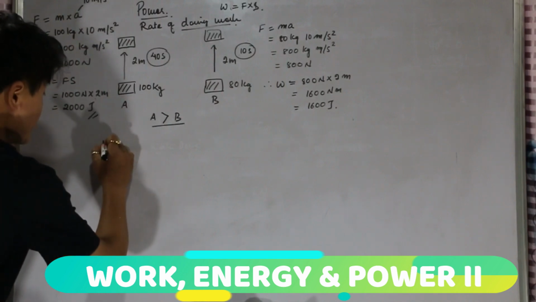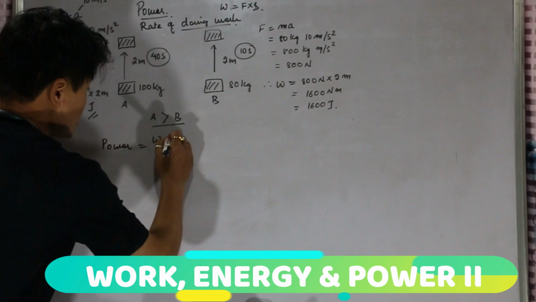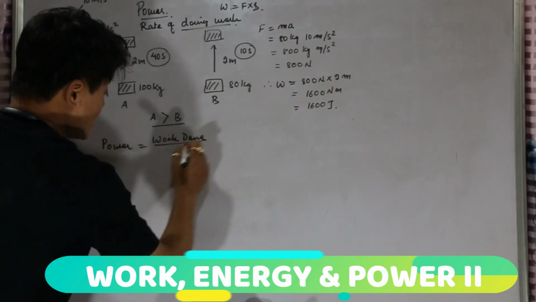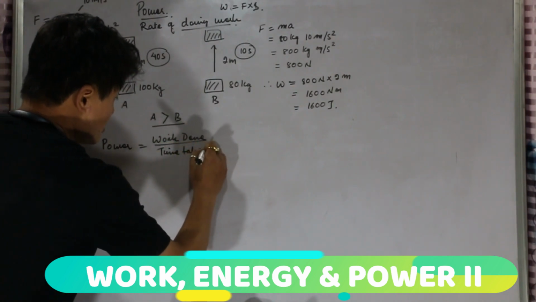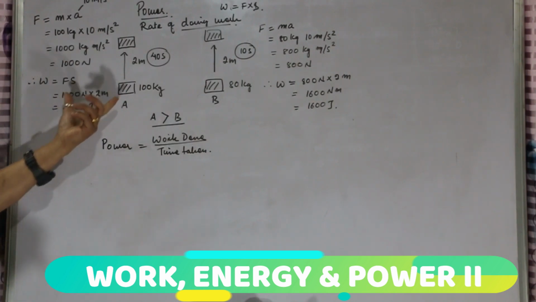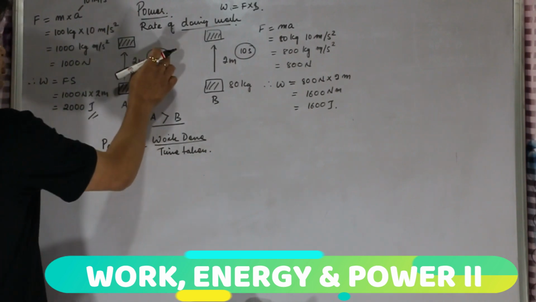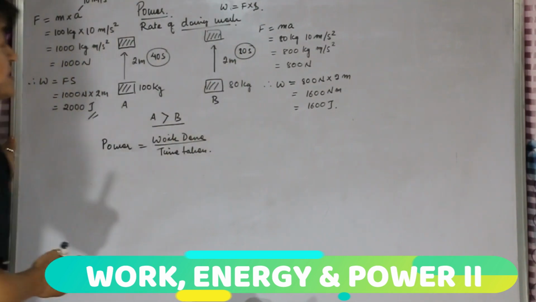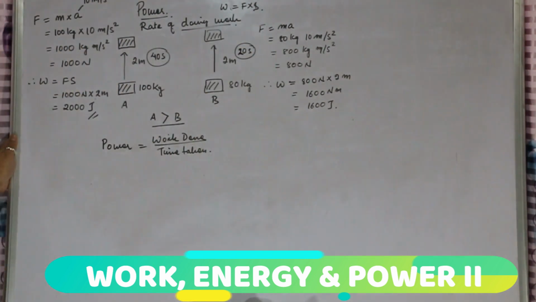So mathematically we can write power is equal to work done by time taken. Now if we are to calculate the power of A and the power of B, suppose A takes 40 seconds to lift and B takes, let's say, 20 seconds to lift the load to a 2 meter height.